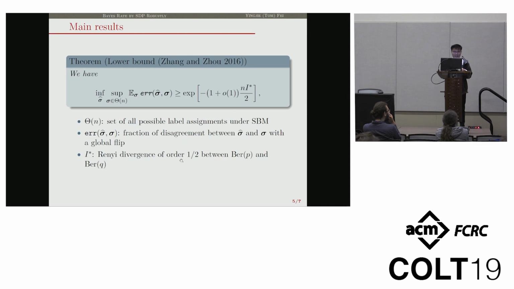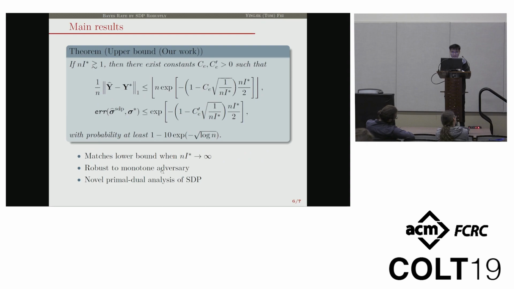Here, I star is a Rényi divergence measure of order one half between Bernoulli P and Bernoulli Q. You can consider it as a signal-to-noise ratio or a measure of distance between these two distributions. The main result of this work is showing that this SDP approach actually achieves this lower bound.